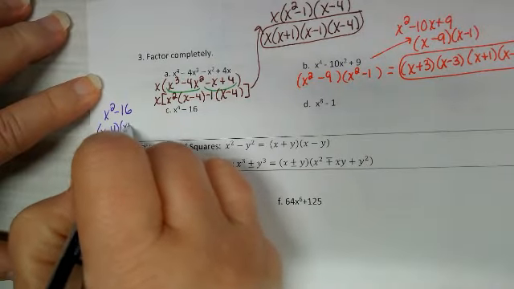Alrighty, let's try letter F. What number to the third power gives me 64x squared, or x to the sixth? 4x squared does that. What number to the third power gives me 125? That would be 5.